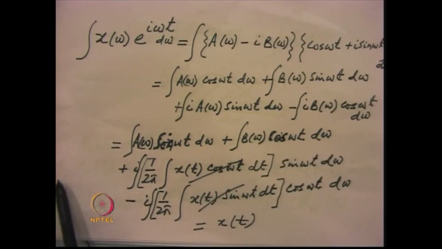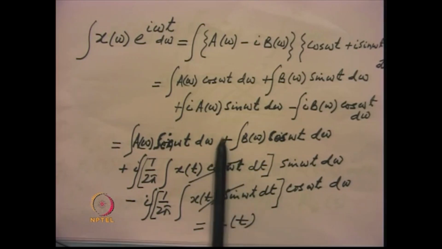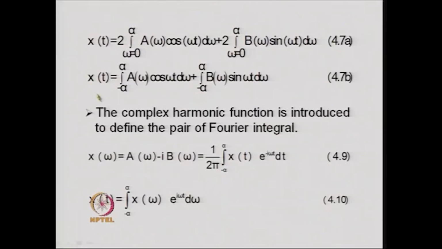These are the quantities that remain, and this is nothing but equal to x(t), because x(t) has been defined by equation 4.7b as A(omega) cos omega t d omega plus B(omega) sin omega t d omega. So, we can prove that x(t) becomes equal to the IFFT of X(omega), and they form what is known as the Fourier integral pair.